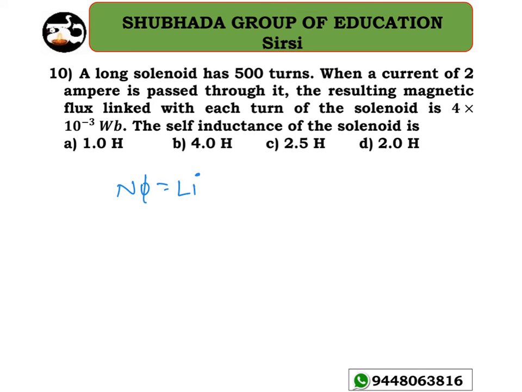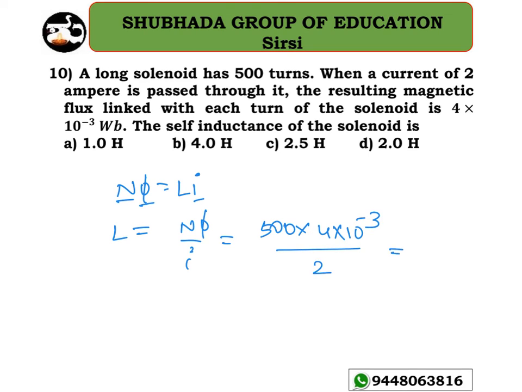They have given the value of N phi as well as I here. I need to calculate the value of L, N phi by I. The number of turns is 500, the flux is 4 into 10 to the power of minus 3 Weber, and the current through it is 2 ampere. So I will get 1 Henry. Option A is the right answer.